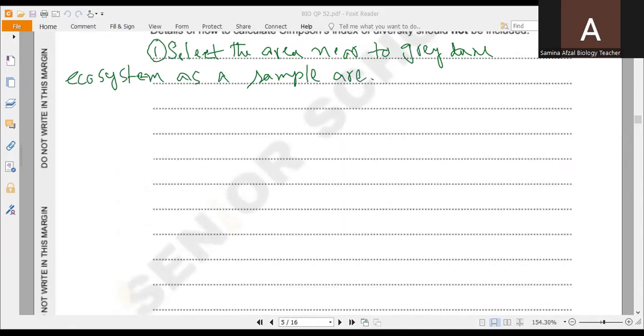So first of all, we have to choose the sample area or the location, and then we can use the method.